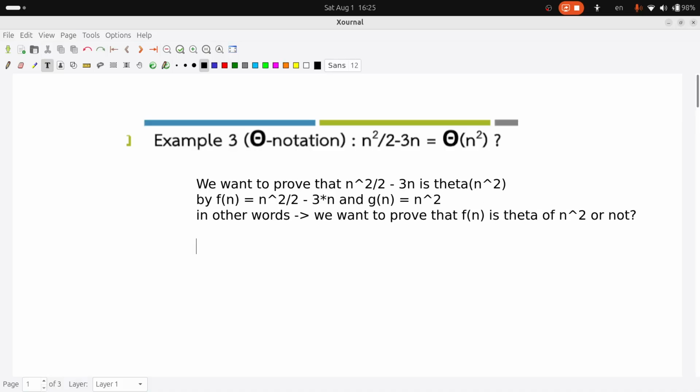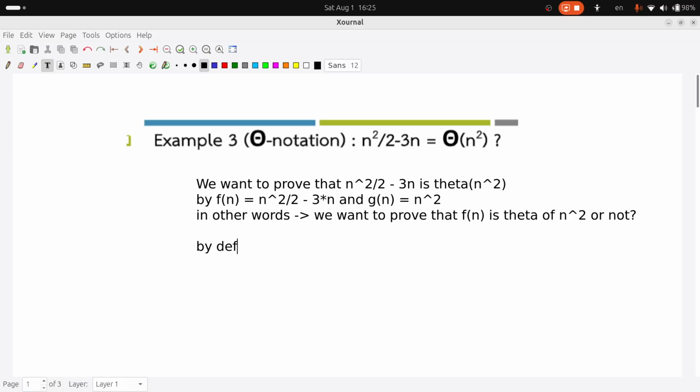So for the next thing, we are going to write the definition of theta notation. Because if we can prove that this function f(n) follows the definition of theta notation, then it is a theta notation for sure.